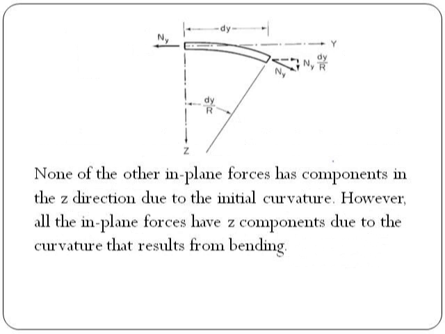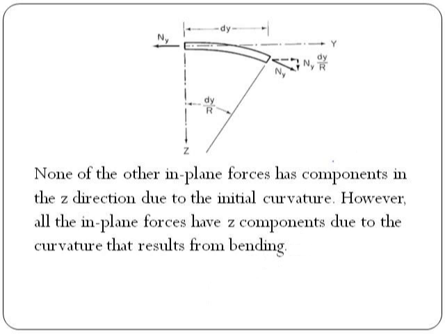So for generating component in y direction, look at this figure. So this will be the component in z direction. Then none of the other in-plane forces has component in z direction due to initial curvature. Only this curvature effect will be there, that is shown in the equation above.